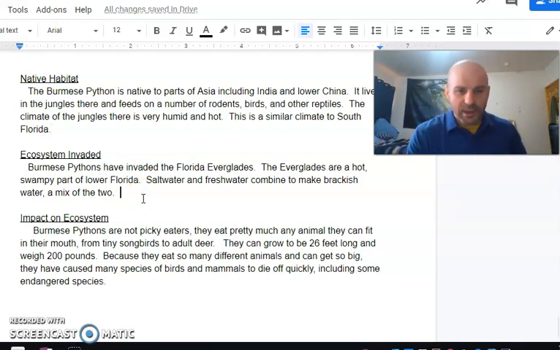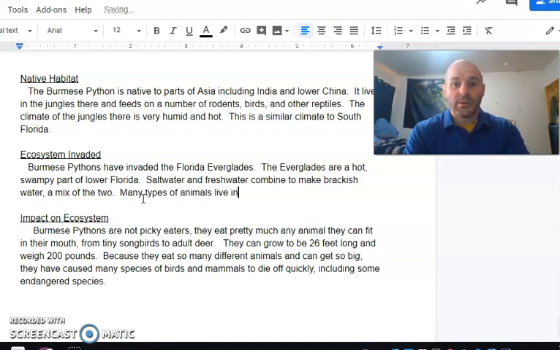So another part of the ecosystem, remember, ecosystem is talking about the living things. So I'm going to talk a little bit about what type of animals live in the Everglades already. Many types of animals live in the Everglades. We might always think of alligators when we think of the Everglades.